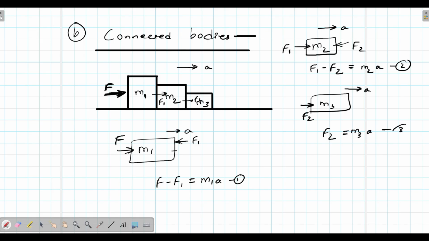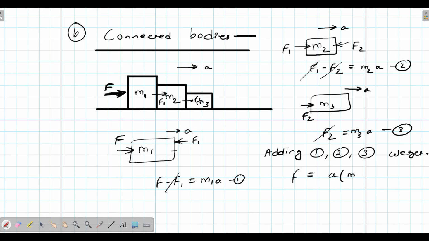So adding 1, 2, 3, F1 gets cancelled, F2 gets cancelled. So F equals A into M1 plus M2 plus M3.